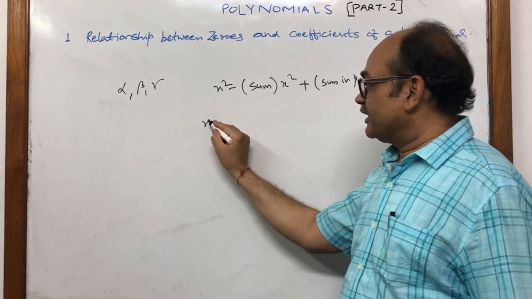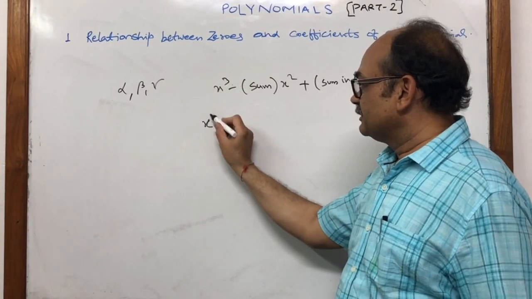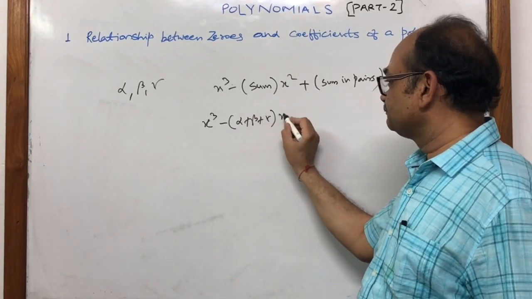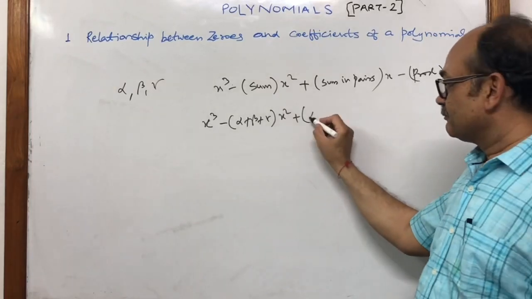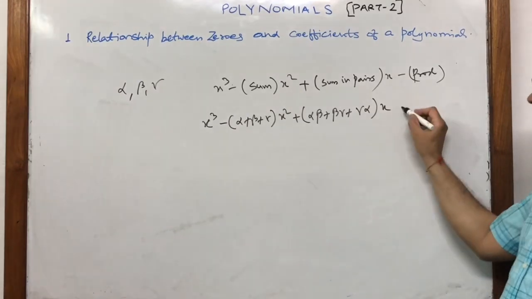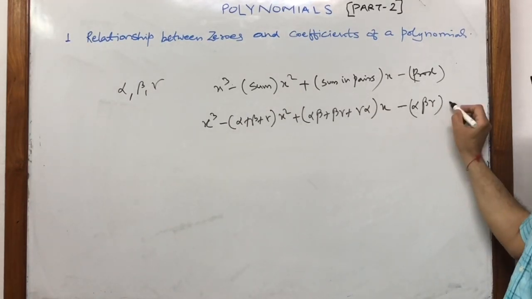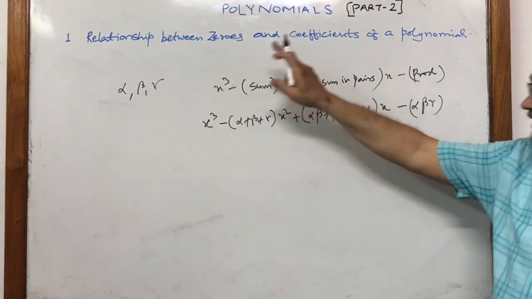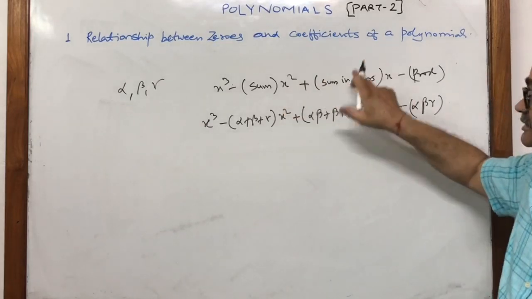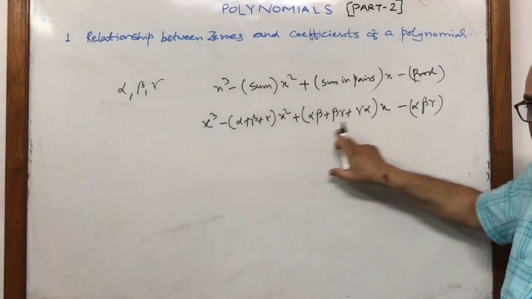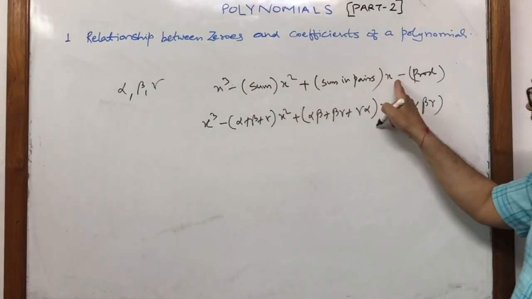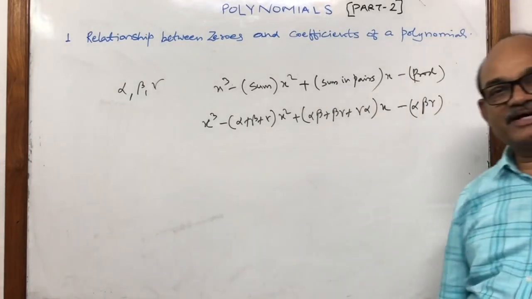The polynomial is x cube minus (alpha plus beta plus gamma) x square, plus sum in pairs, x, minus the product. Remember, the signs alternate: minus, then plus, then minus, then plus, and it goes like this.